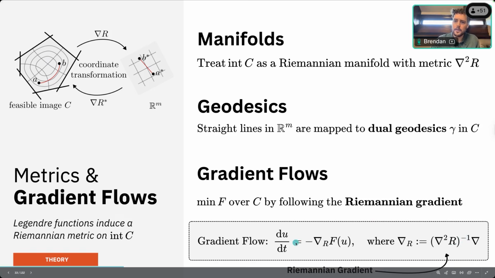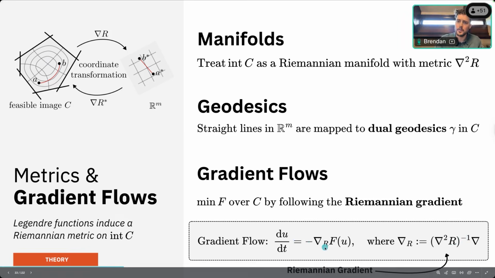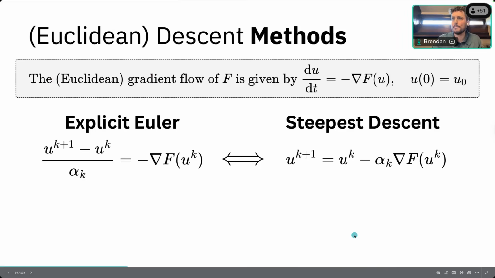So here you have a gradient flow, and this is pretty much a direct path towards designing an optimization algorithm on your feasible set. You define F, restricted to C. You want to find the minimum. You can follow the Riemannian gradient towards that minimum.